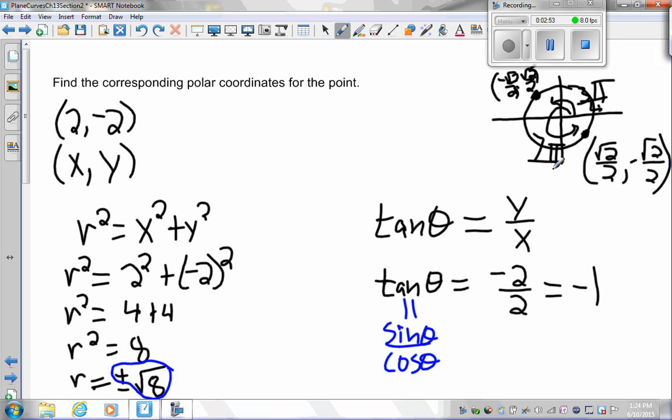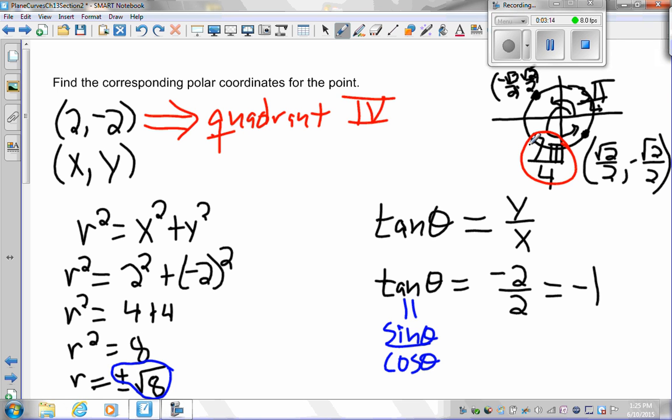So the question is, which angle is the correct angle? For that, we have to go back to the original point. The point 2, -2 is in the fourth quadrant. So of course this tells us that our angle 7 pi over 4 is the correct angle.